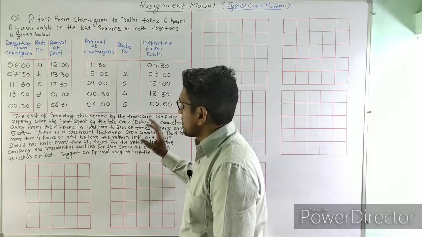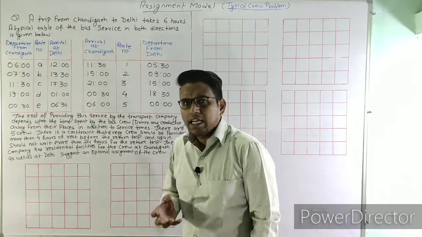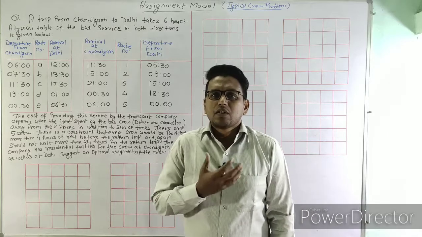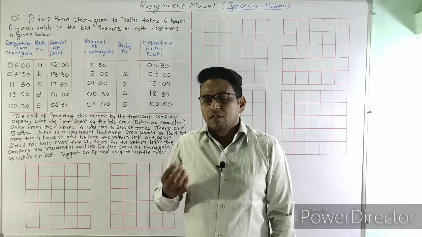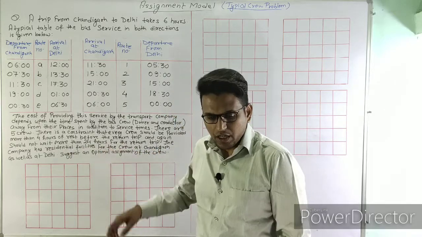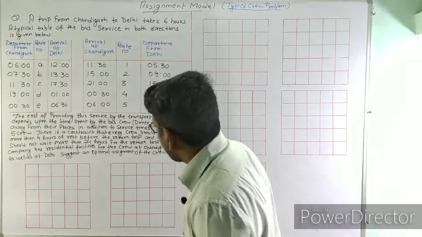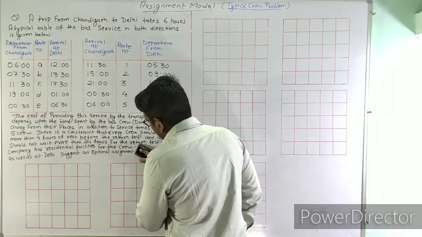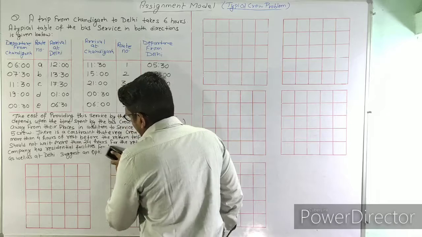First we need to find the time the crew uses the residential facility of the company. I am just erasing 2 or 3 lines so that it will be easy to solve here.